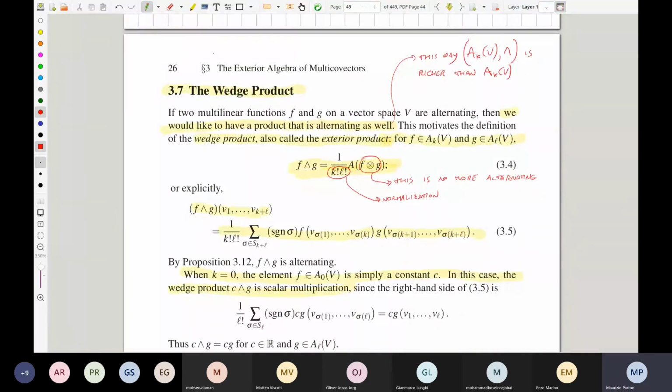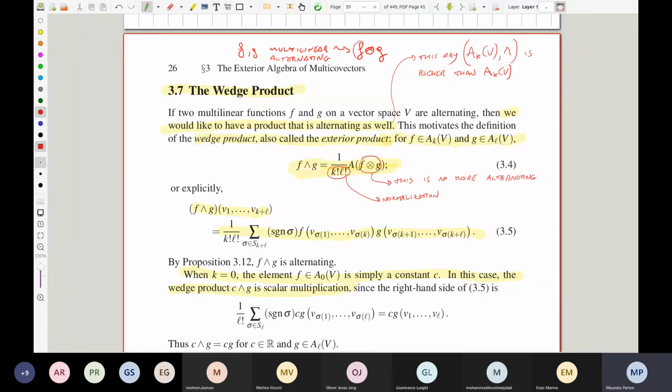Now a point. I just told you that if you have F and G multilinear, we have a product, F tensor G, the pointwise product, when you see them as linear maps. But always, when these are alternating, we would like a product which is inside the space, meaning we would like the product to be alternating itself.